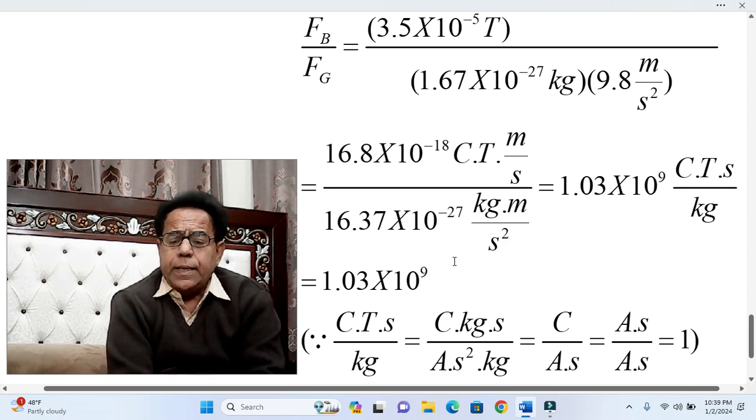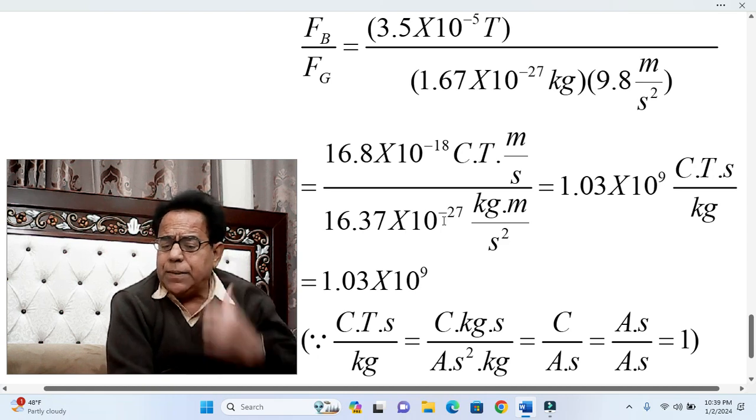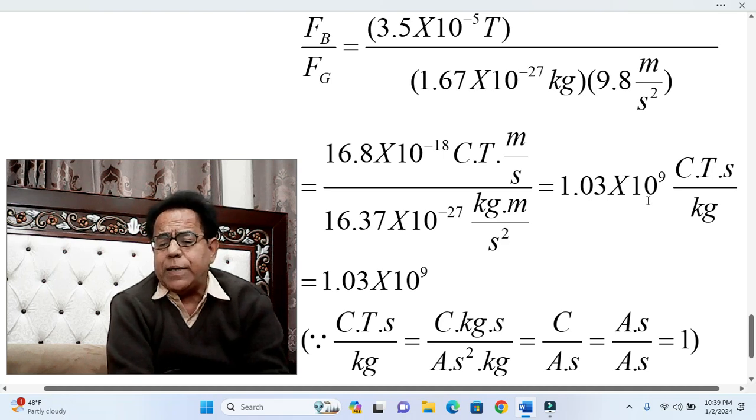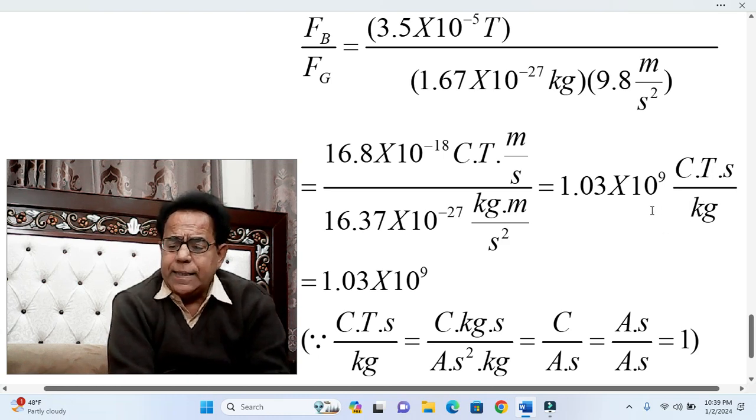After simplifying we conclude that all these multiplying factors become equal to 1.03 into 10 raised to the power 9 coulomb, Tesla, second per kilogram, and this is equivalently equal to simply this number. This unit is not written along with this because all these four units convert into one unity.